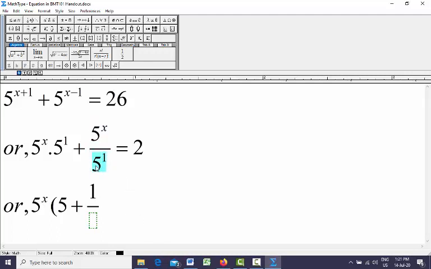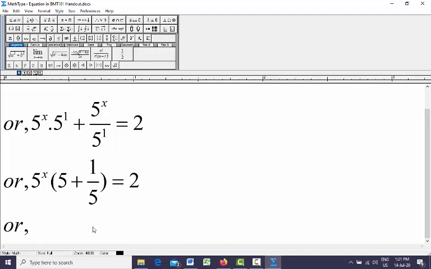As I said before, power 1 you don't need to write, you can just have 5 there. So this one will be equal to 26. So now what we have?